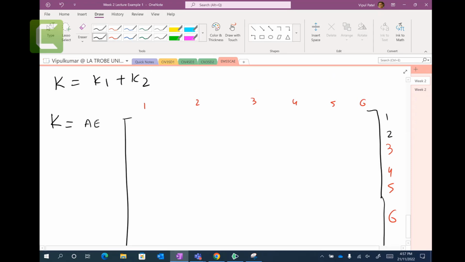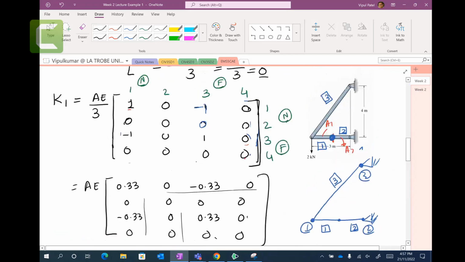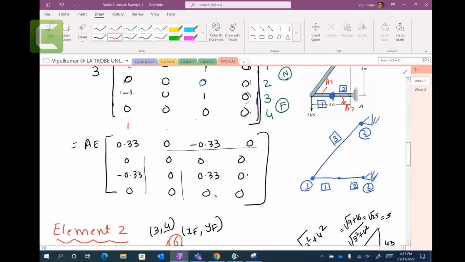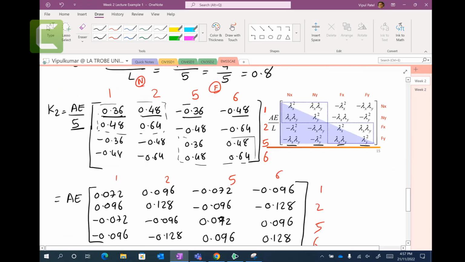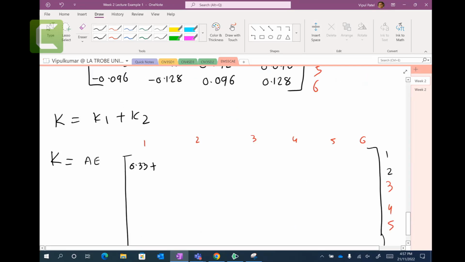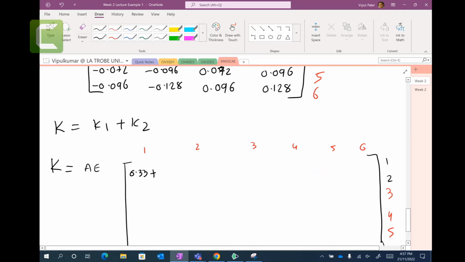All right, 1, 1. Go to K1. 1, 1. So I think that is 1, 2, 3, 4. Row 1, column 1. So you have 0.33 plus, from row 1, column 1, 0.072.